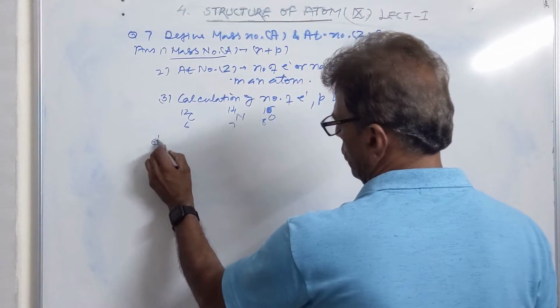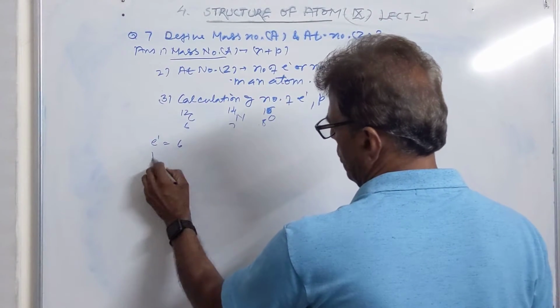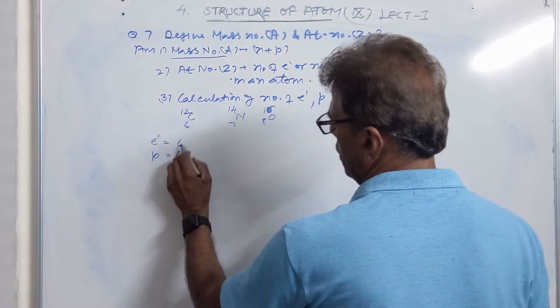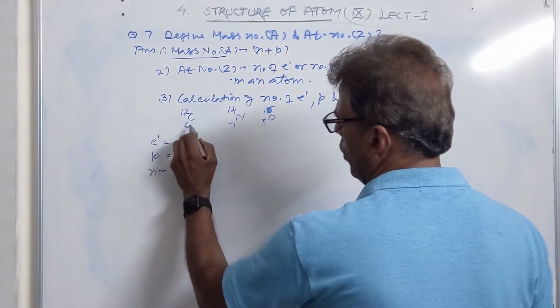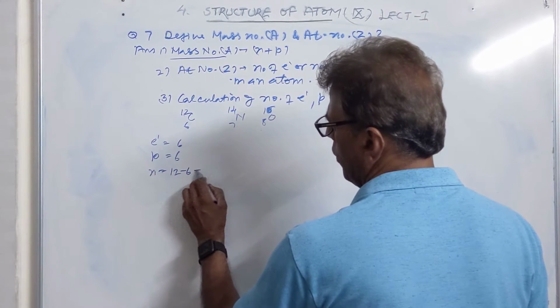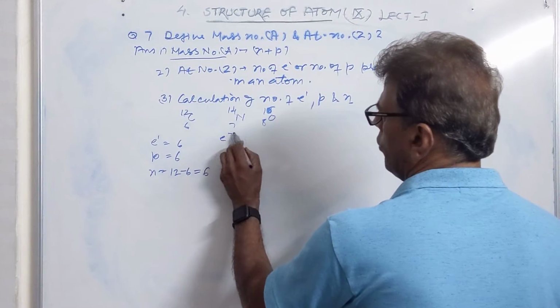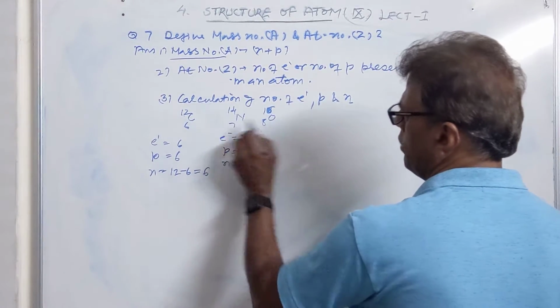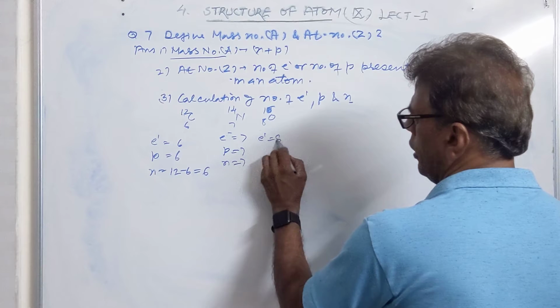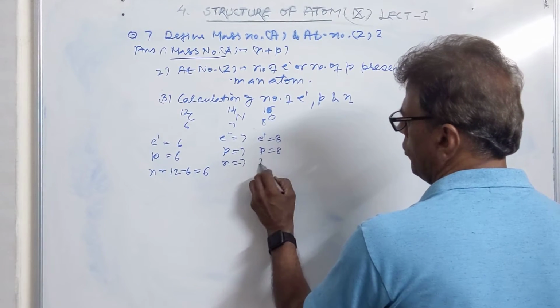So the number of electrons is equal to the lower number. Protons are also equal to the lower number in the neutral species. And neutrons are given by subtracting the lower number from the upper number. Similarly here, electrons are 7, protons are 7, neutrons are 7, 14 minus 7. For oxygen, electrons are 8, protons are 8 and neutrons are 8.